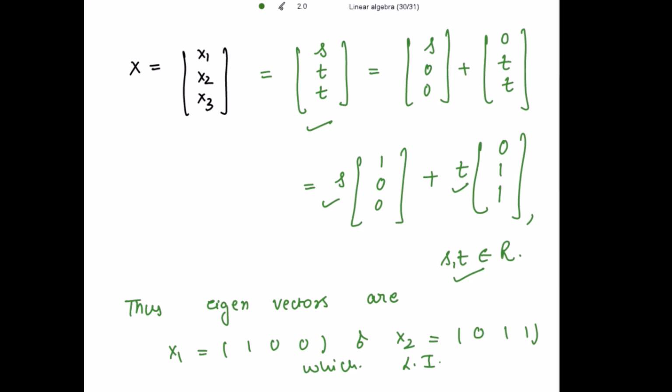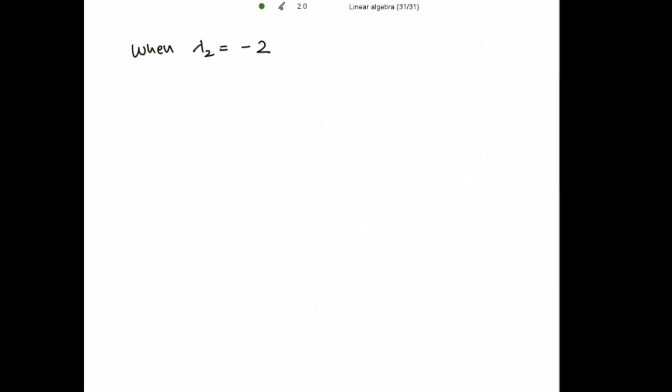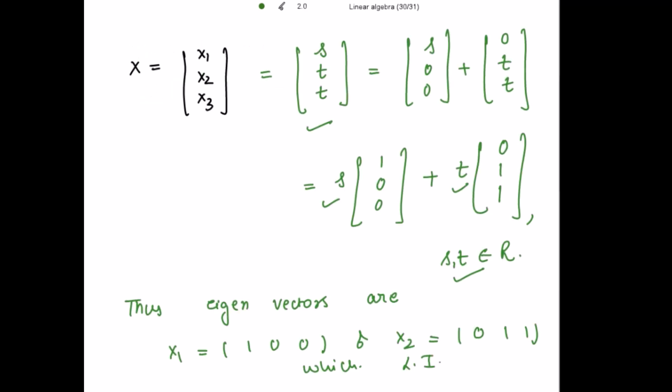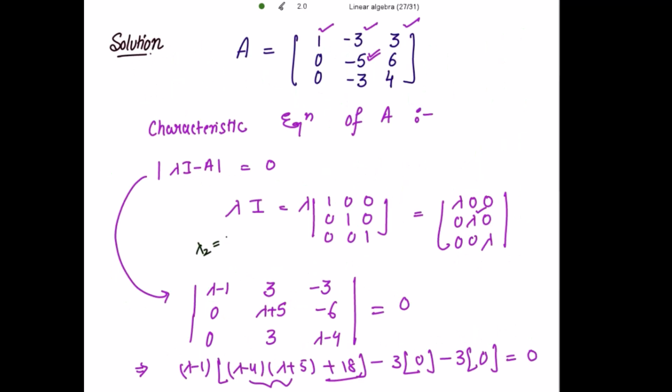And now we are getting the eigenvector for the eigenvalue lambda 2 equal to minus 2. For that, first writing the homogeneous equations: lambda 2 I minus A into x equal to 0. So we just need to put lambda 2 equal to negative 2 in place of lambda. So we are getting minus 3, 3, minus 3; 0, 3, minus 6; 0, 3, minus 6.